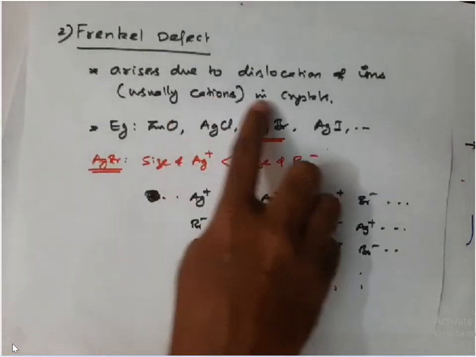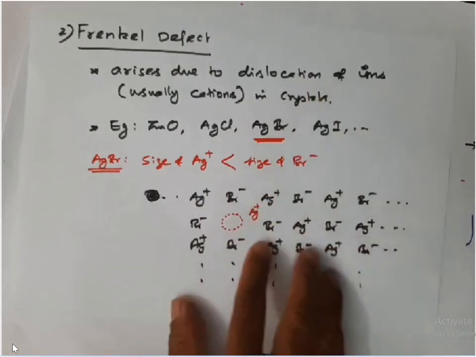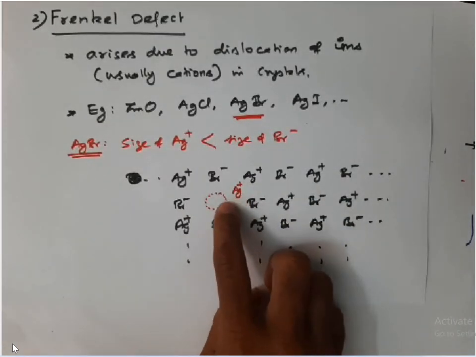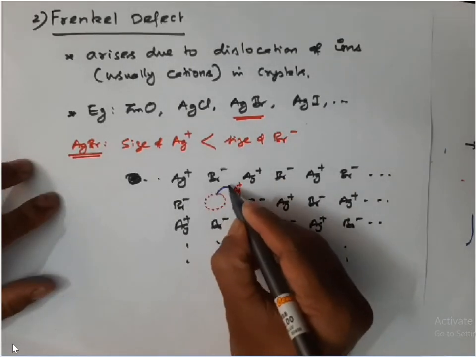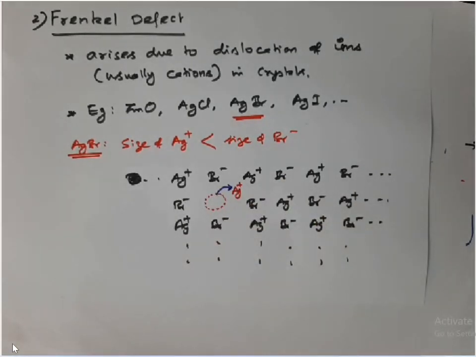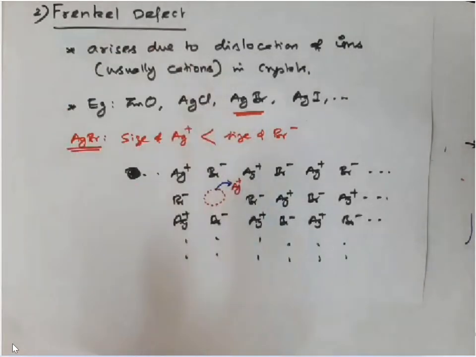Frontal defect arises due to the dislocation of an ion. The ion is dislocated from this position to this position. If a defect arises due to the dislocation of ions in an ionic crystal, we call it Frontal defect.